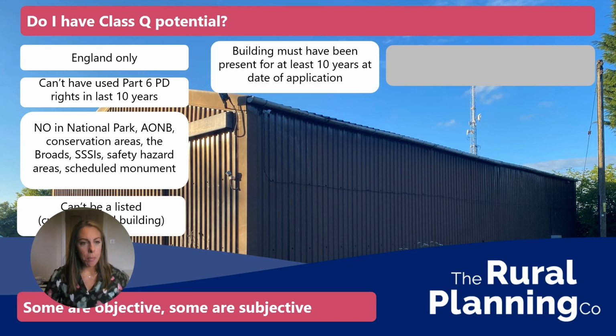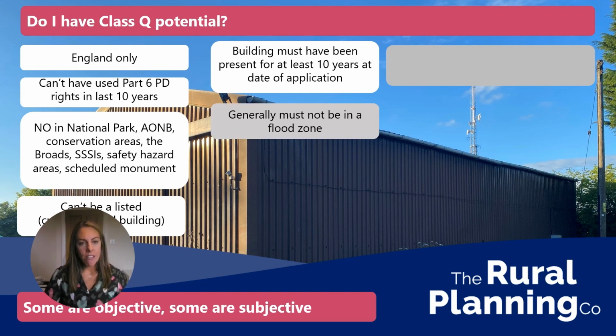The building must have been there for at least 10 years at the date of application. So as at today's date, in the middle of July 2023, your building must have been present in July 2013 in order for it to be applicable for Class Q. Generally speaking, you can't be in a flood zone.